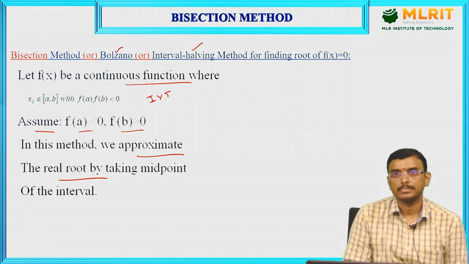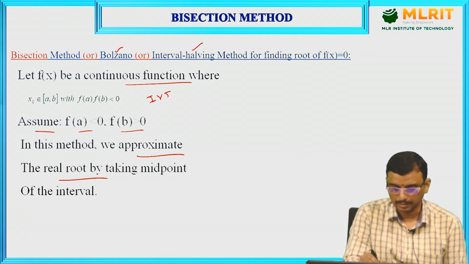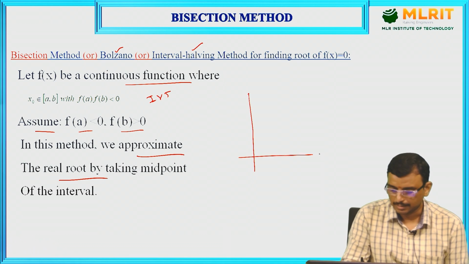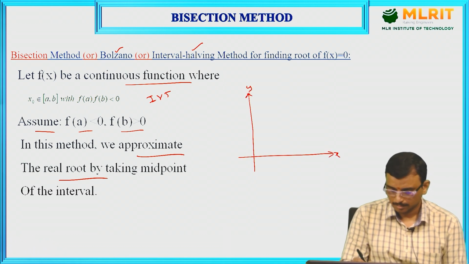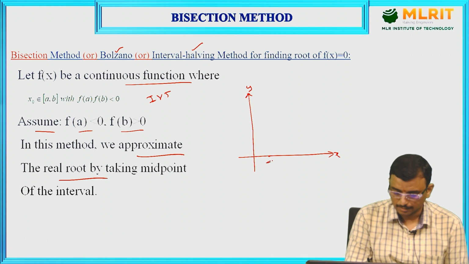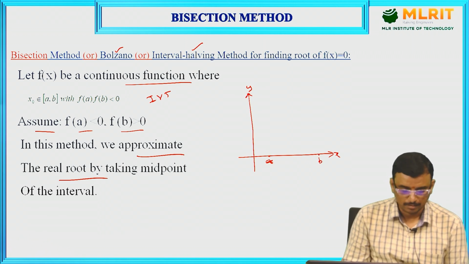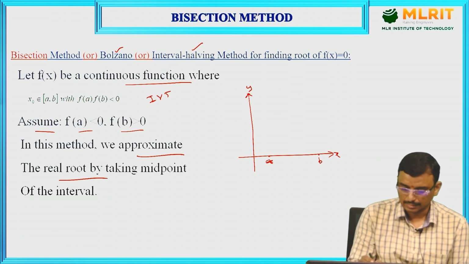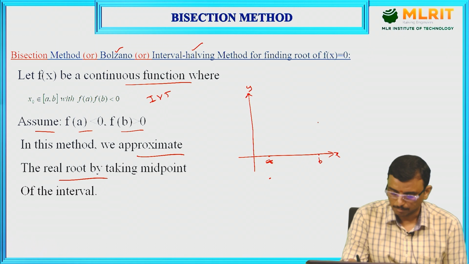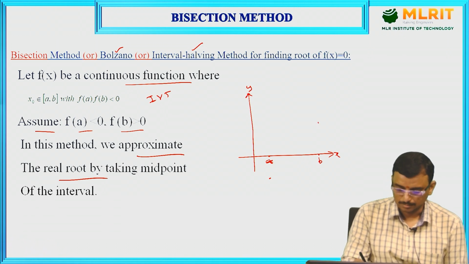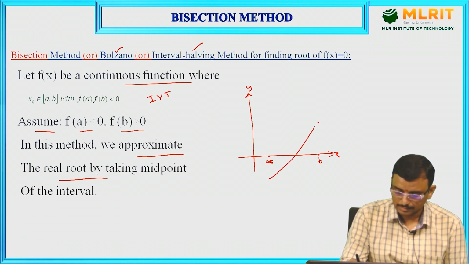So, I can explain this graphically. This is my x axis and this is my y axis. I am taking A here and this is my B. So, f of A is less than 0, on the negative side, and f of B is greater than 0, on the positive side. So, the graph looks like this.